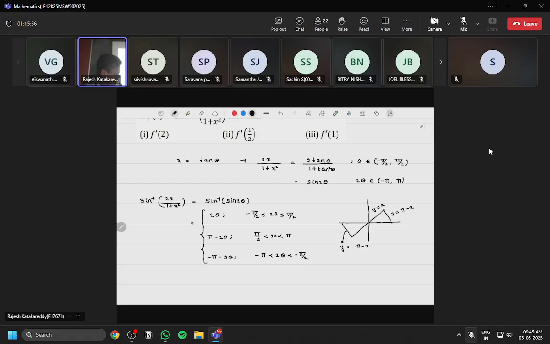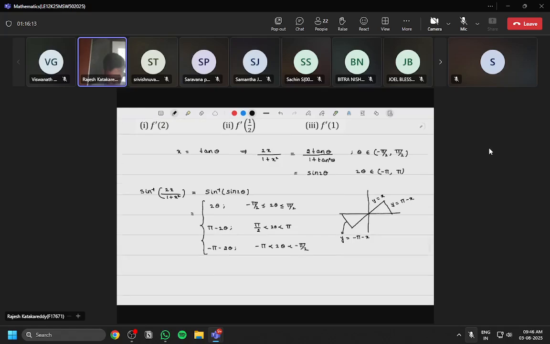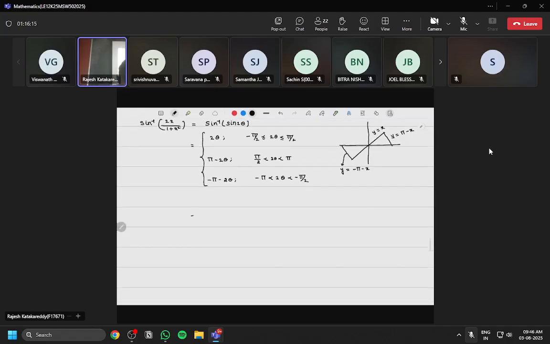I hope you guys understood these calculations. Clear? So now I need to solve these intervals and I need to back substitute theta. I said x is equal to tan theta. From there theta will be tan inverse of x. So now this becomes 2 into tan inverse of x.